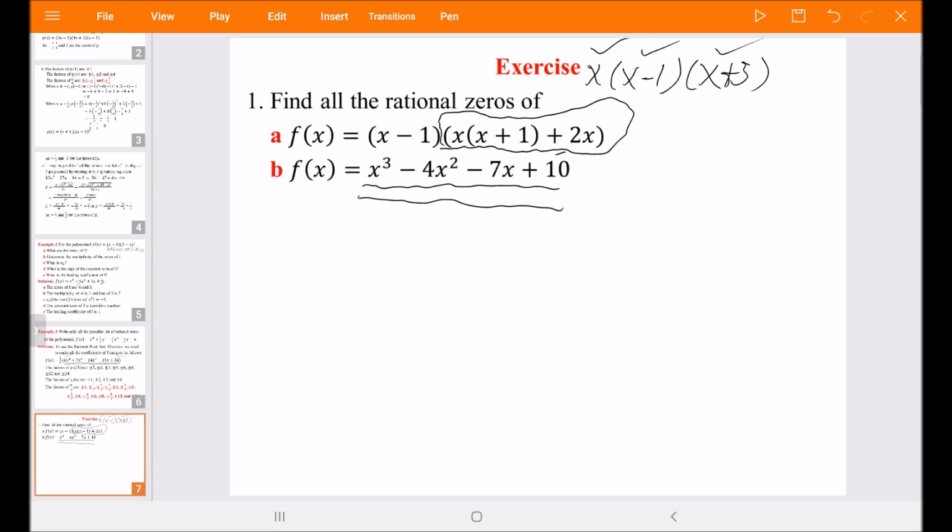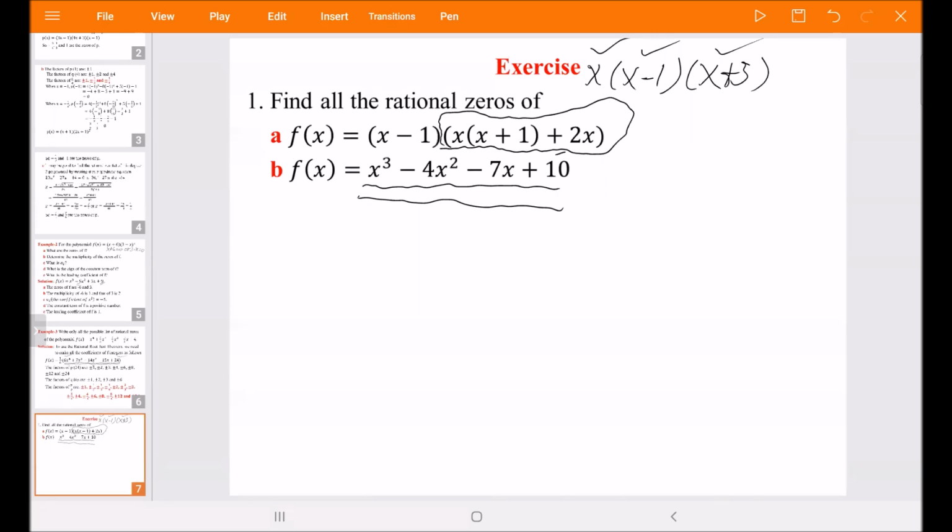Next week, I will try to send you a video on how we can sketch the graph of a polynomial, because I don't think we can see everything in this Zoom class. So it's preferable to send a video showing all the steps involved in sketching the graph of a polynomial function. But anyways, we will start to see the topic this Friday.